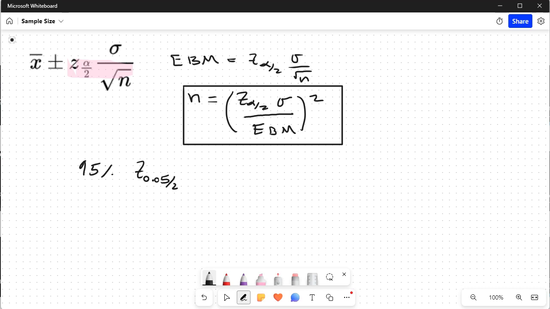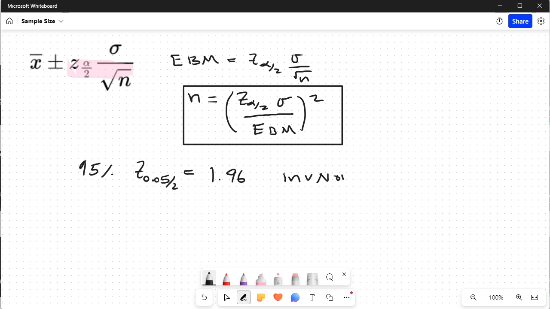The critical value with respect to a 95% confidence is actually 1.96.